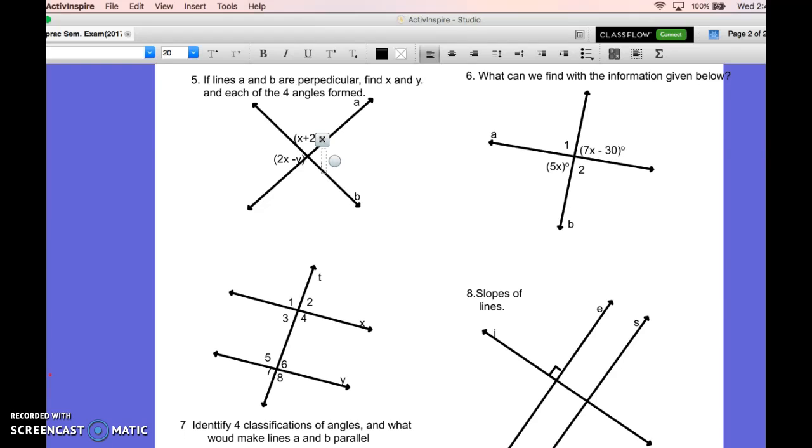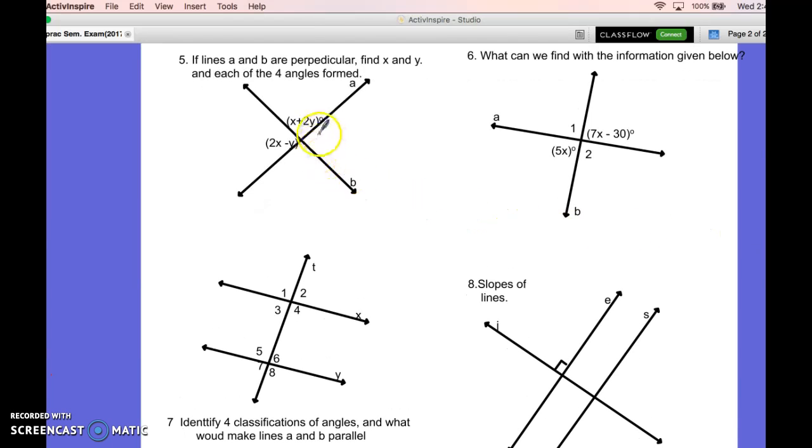So when you hear that, you can immediately do something like this. When you say lines are perpendicular, you can say, you know what, that's 90 degrees, and this will be 90, this will be 90, and so on.